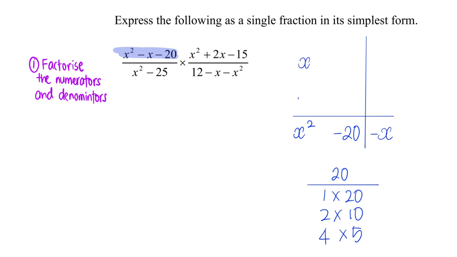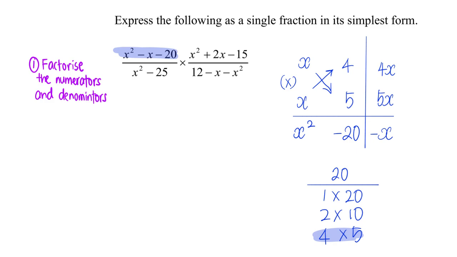x times x will give me my x squared, and for 20 I will have to consider all the factors and which pair could give me 1, or in this case -1. Yep, 4 and 5. Let me just write this down first. We will consider which one could be my negative.